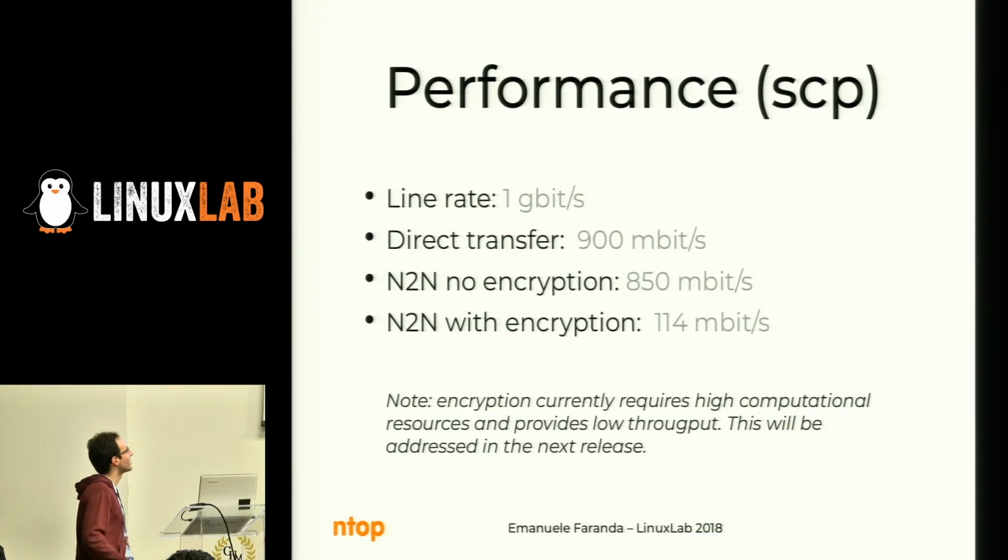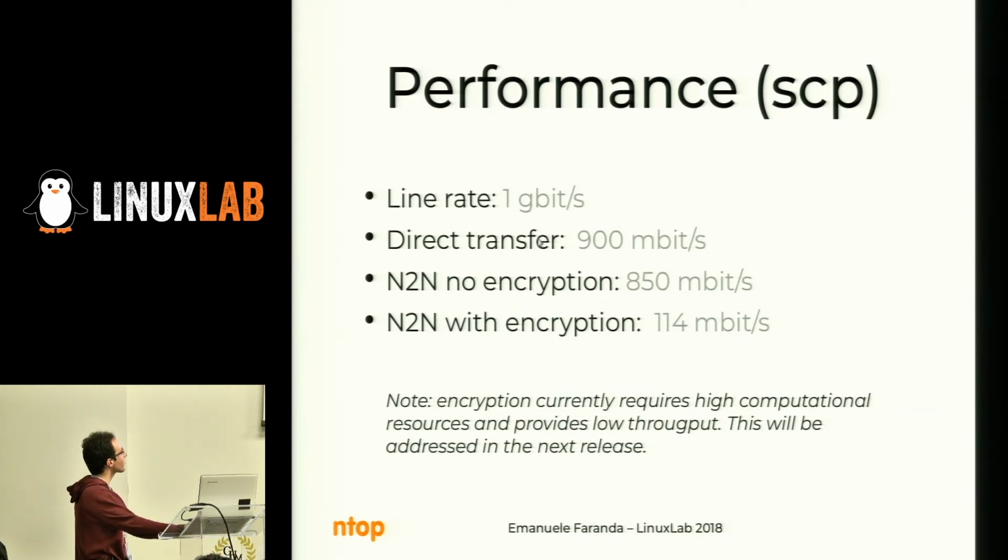So let's talk about performance. Performance is really a delicate task in this case, because we are working on it in order to improve the encryption performance. Here is an example. We have a line rate of 1 gigabit. I'm testing it with the SSH copy.